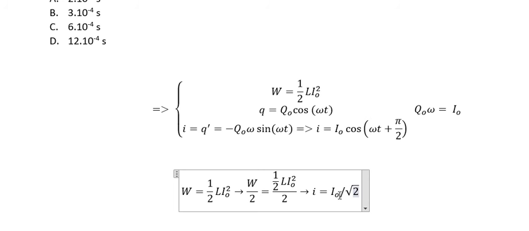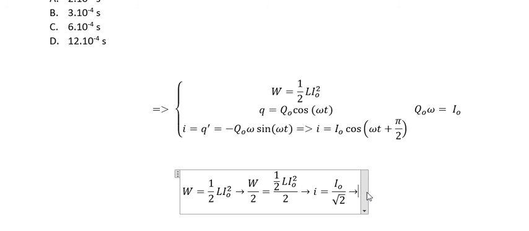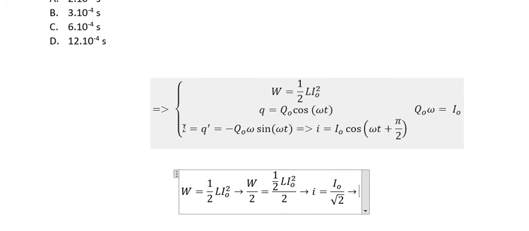Because if you put the square root of 2 in here, you get 1/2 outside. That's why we have the square root of 2 here. So we put I naught over the square root of 2 in this equation.